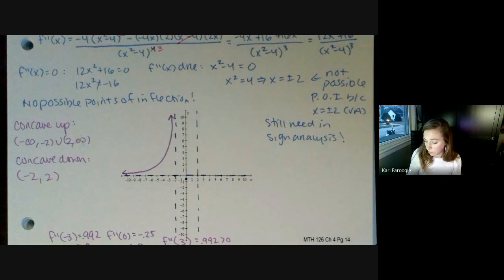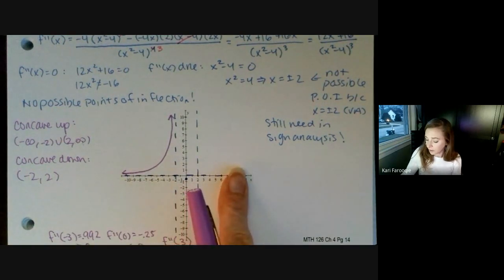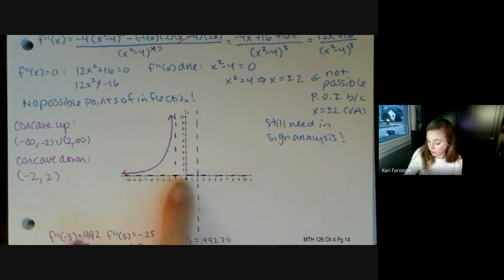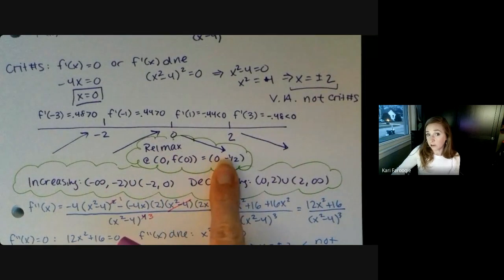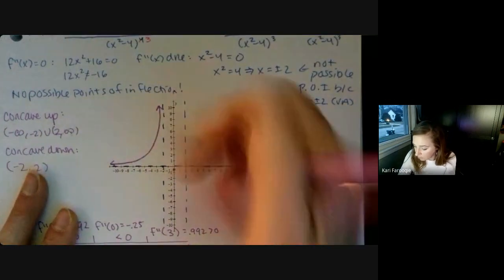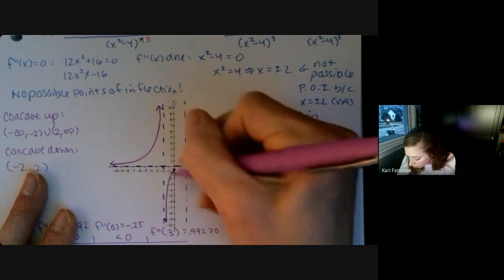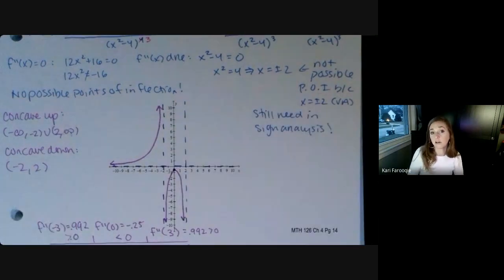If you'd like, since you already did this end, you could do the other end, or we could just work on the middle. We know that the middle is concave down. Concave down is a frown, from -2 to 2. If it's a frown, and we know that the maximum is at the y-intercept, there's only one thing that it can be doing, and it has to be doing something like this, where it approaches the vertical asymptotes on both sides as it heads downwards and it's concave down.